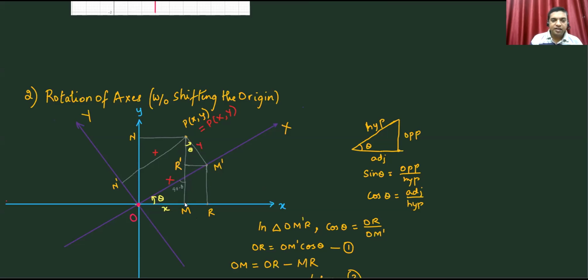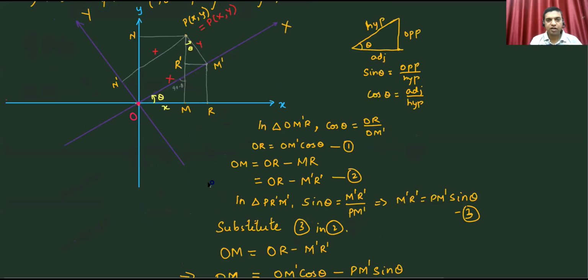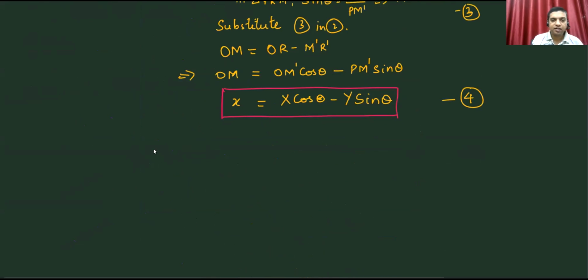Okay. You see this here. PM is nothing but MR dash plus R dash P, or I'll just put MP here.